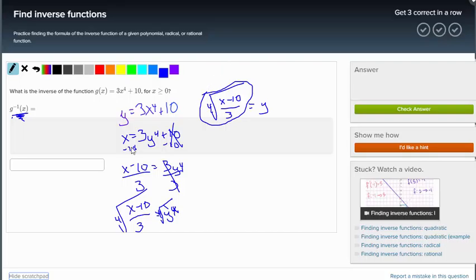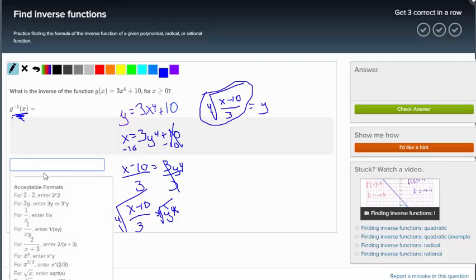Okay, so now how do I type that in? Well, the fourth root is the same as something to the 1/4 power. So that means x minus 10 over 3, to the 1/4 power. That's the same thing as the fourth root.